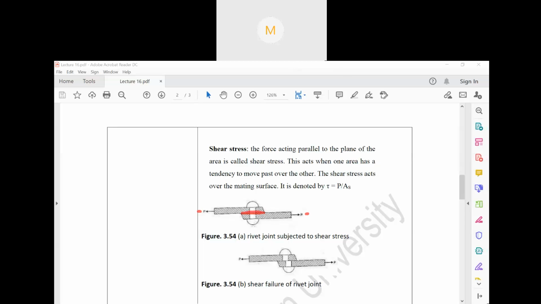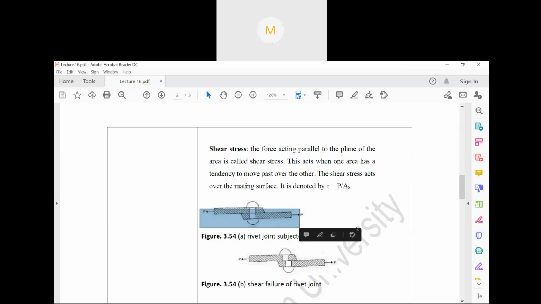Eventually, this thing will be torn up, and there will be deformation along this plane. This is known as shear stress.